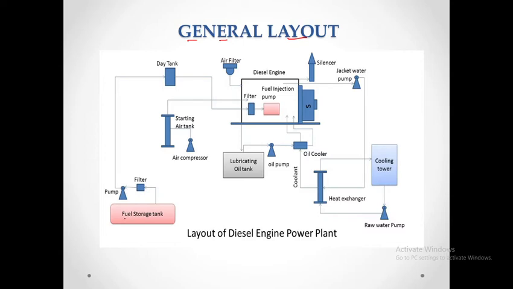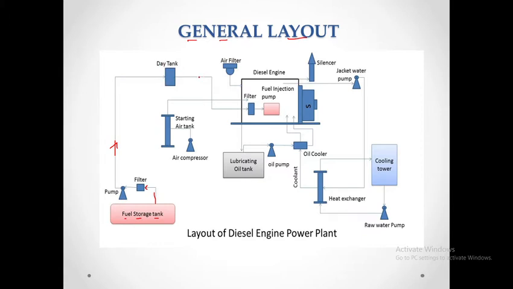There, a fuel storage tank will be there. Fuel storage tank means our diesel will be there. From the fuel tank, it will be taken through the filter. Whatever debris and contaminants are there will be cleaned by the filter. Then the pump will supply the diesel, and it will go to the day tank.